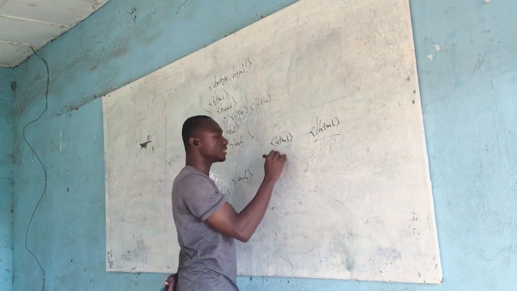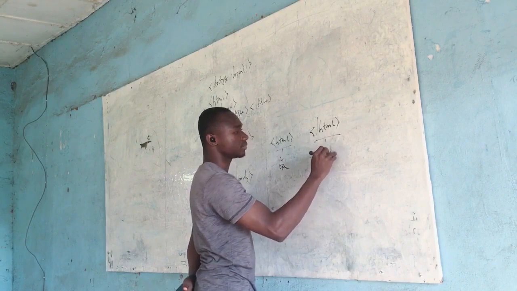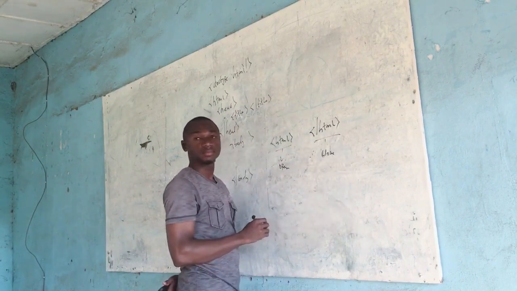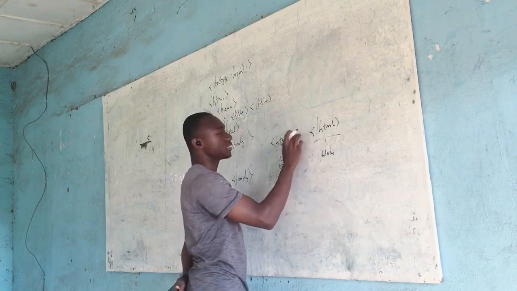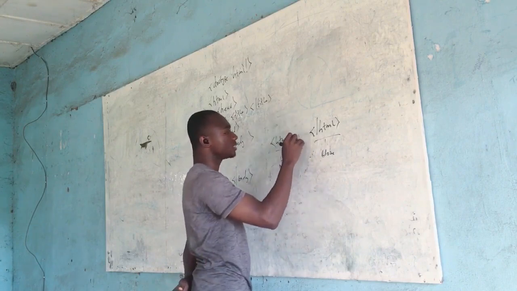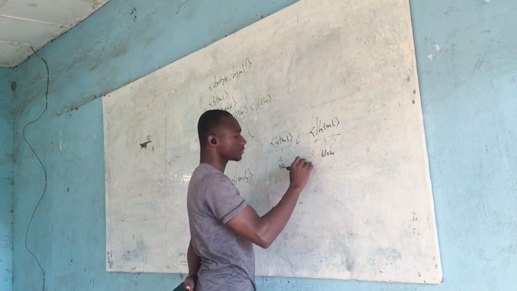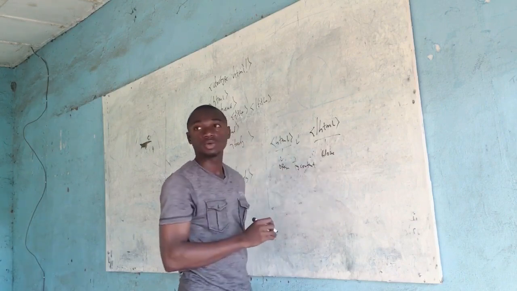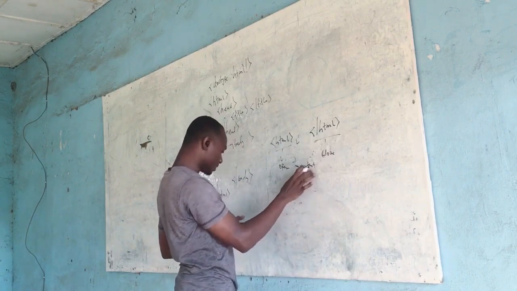This is called the open tag. This is called the close tag. And in between the tags is what we call the document or the tag content. So you have the open tag, the close tag, and then the tag content in the middle.